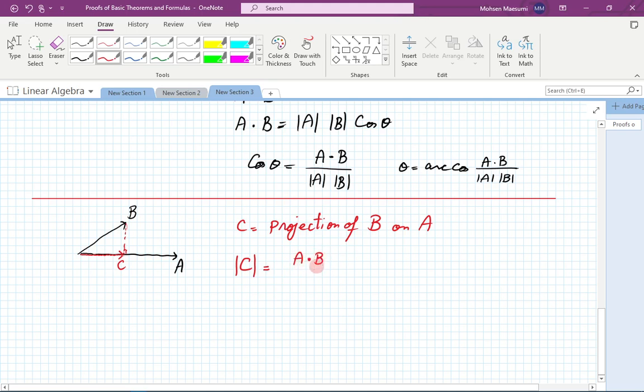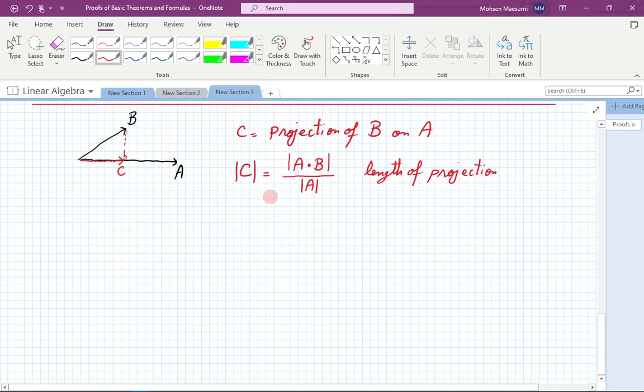That number could be positive or negative. Given that length is always positive, we convert this thing to positive and divide it by the length of A. So this is the length of the projection, not the projection itself. The length of projection as a positive number is always this.